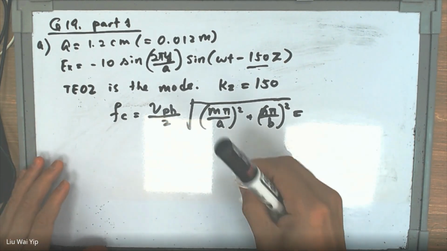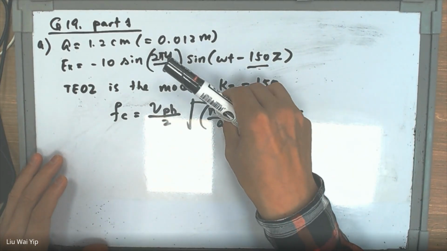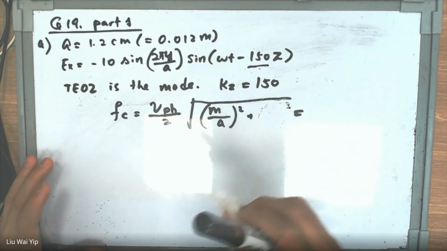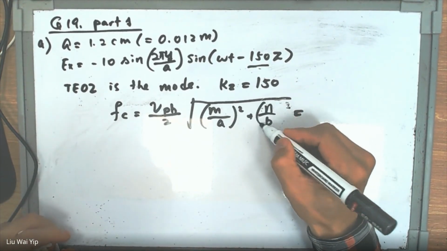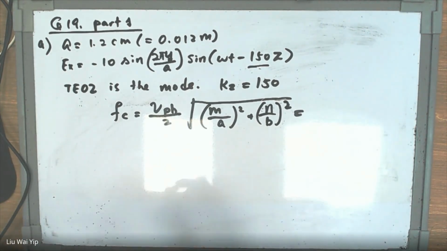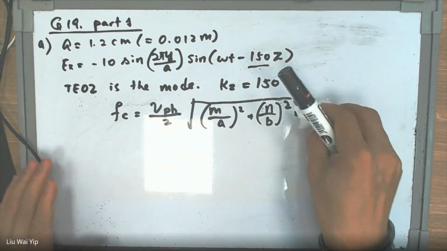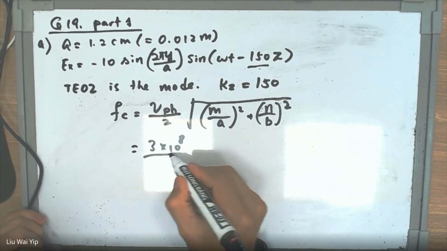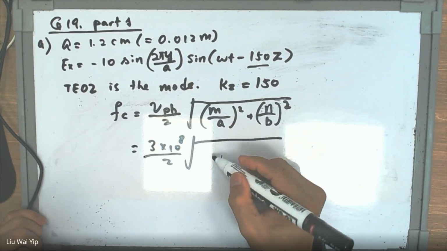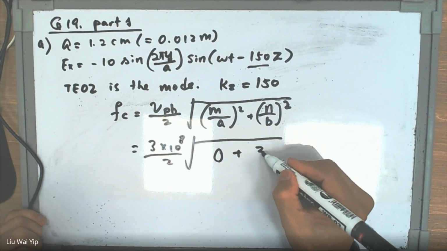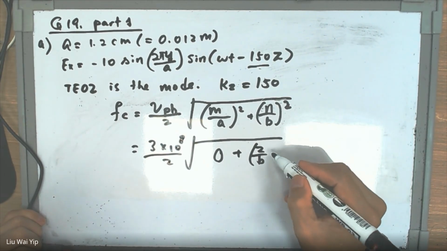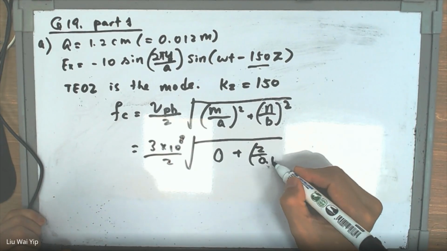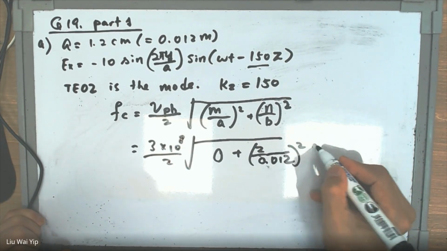Actually, it's m over a, not m pi over a, and n over b. So we got fc equals 3 times 10 to the power 8 over 2, times the square root of 0 plus 2 over b squared. b is equal to a, so we are going to substitute 0.012 squared.